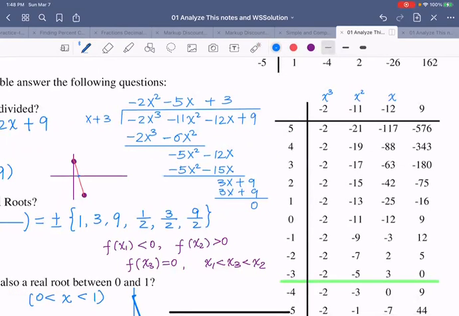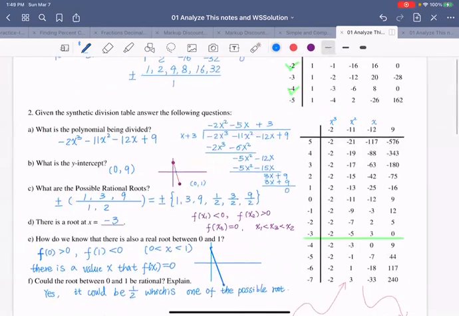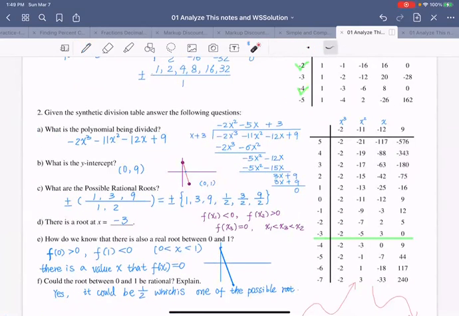Correct. So this point does not have to be 1/2. Maybe it is 1/2, maybe not. You don't know. You can only say between 0 and 1. There is a root which passes through the x-axis. Does that make sense?